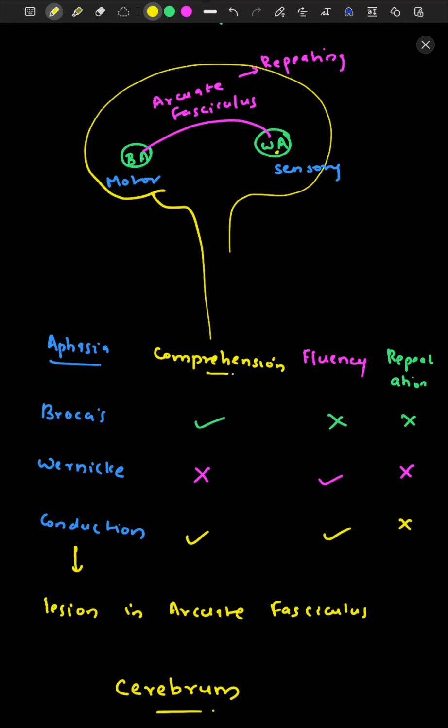In the case of Wernicke's aphasia, the comprehension won't be normal, but Broca's area is intact, so he can talk fluently, but there won't be any repetition.